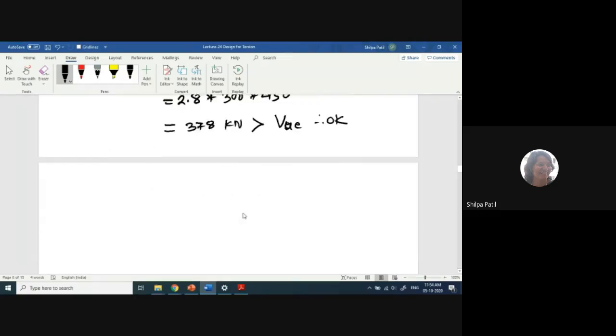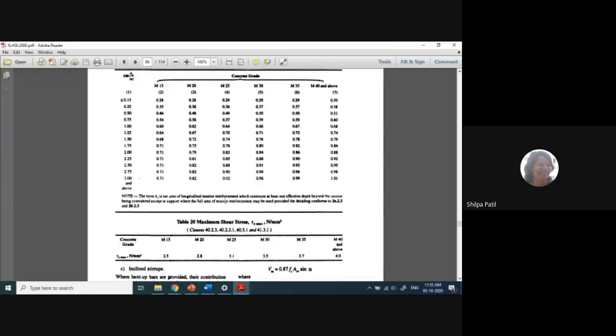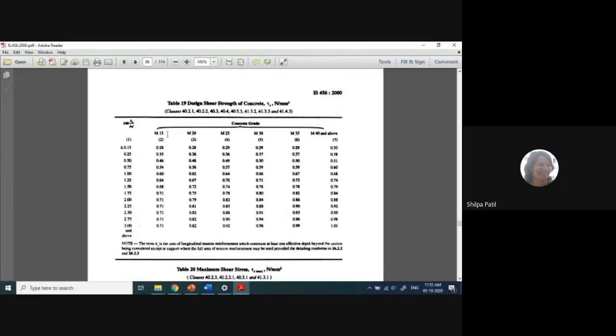Then the next step, we have to calculate the shear force resisted by the concrete, that is VUC. What is the formula? Tau C into B into D. The tau C value depends upon the percentage of steel, based on table 19.